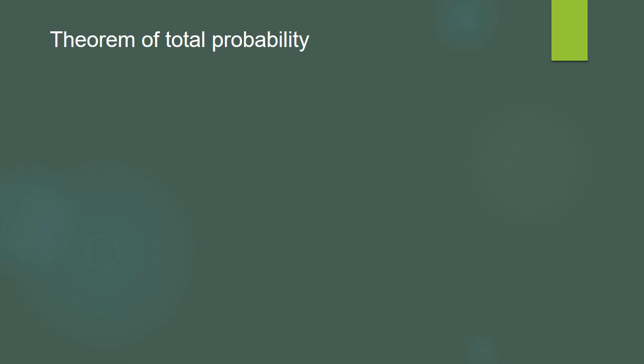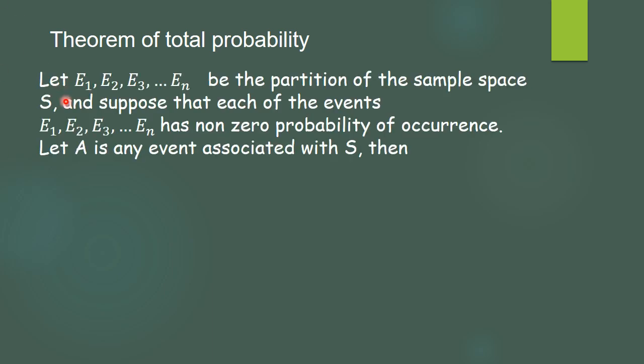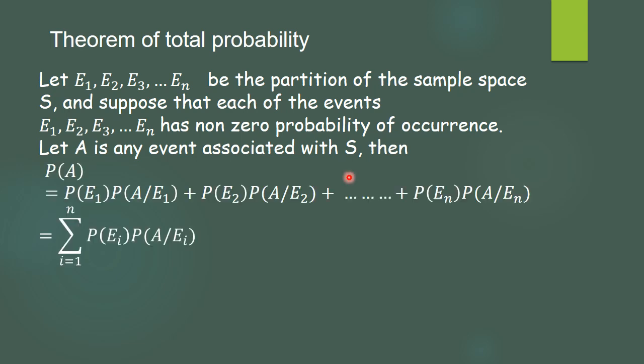Theorem of total probability. The theorem states: if E1, E2, E3 up to En are the partitions of the sample space S, and each of the events E1, E2, E3, up to En has non-zero probability of occurrence, and A is any event associated with the sample space S, then the probability of A is given by P(E1) into P(A given E1) plus P(E2) into P(A given E2), and so on up to P(En) into P(A given En).